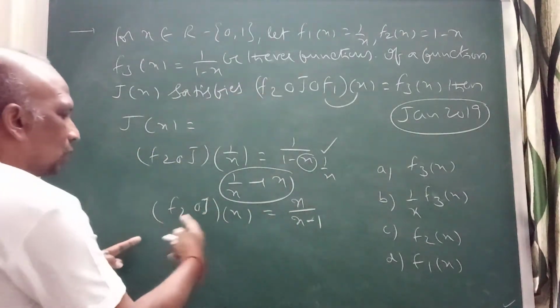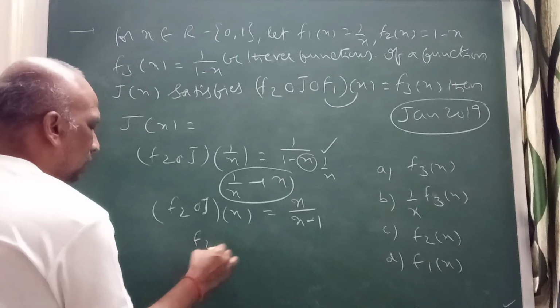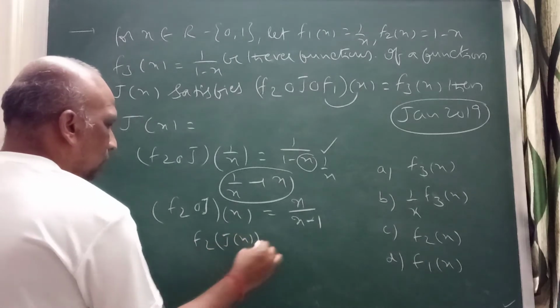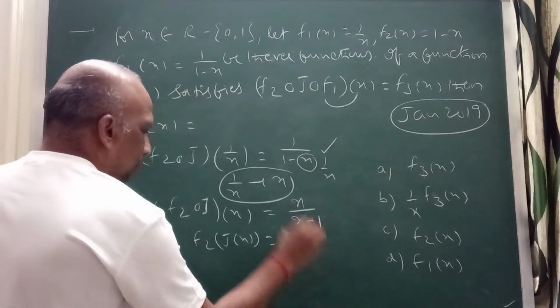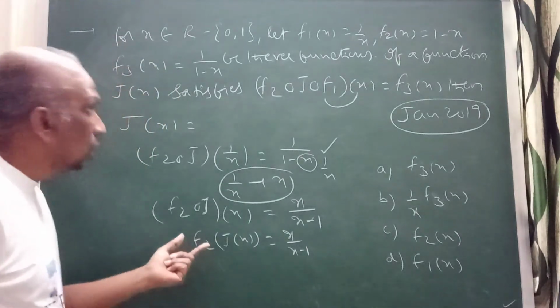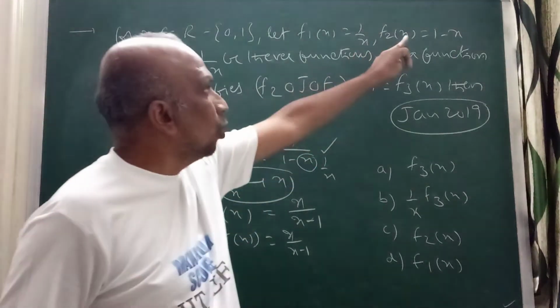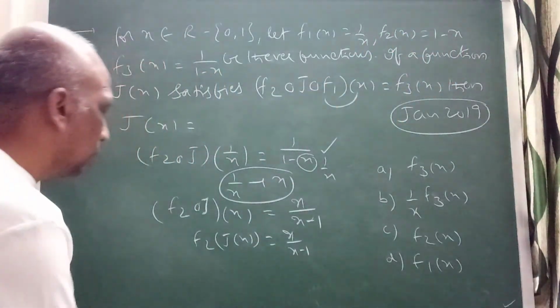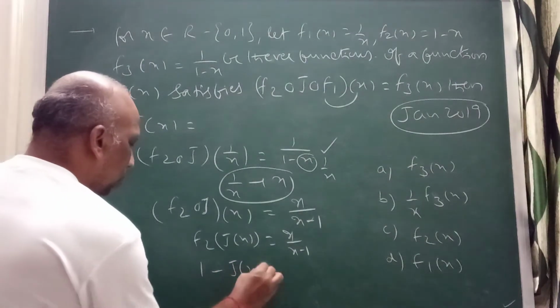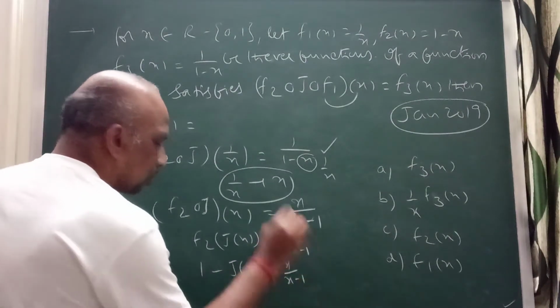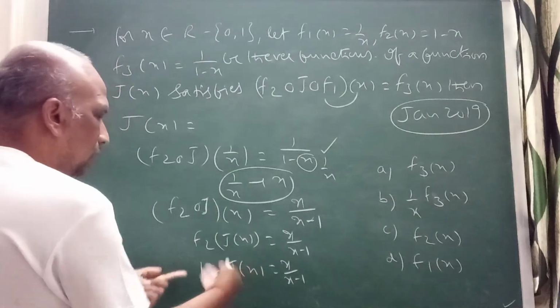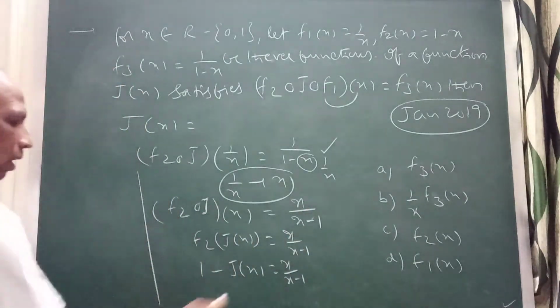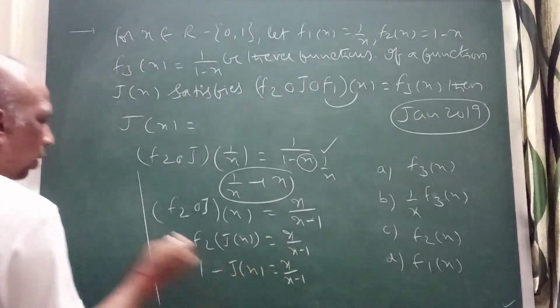Now you can expand this one, f2 of g of x. This is f2 of g of x, which is equal to x by x minus 1. I want g of x. f2 of g of x means, what is f2 of x? 1 minus x. This is 1 minus g of x. 1 minus g of x is x by x minus 1, right? Now you can think g of x. From this I can write g of x is equal to, you transfer that side.